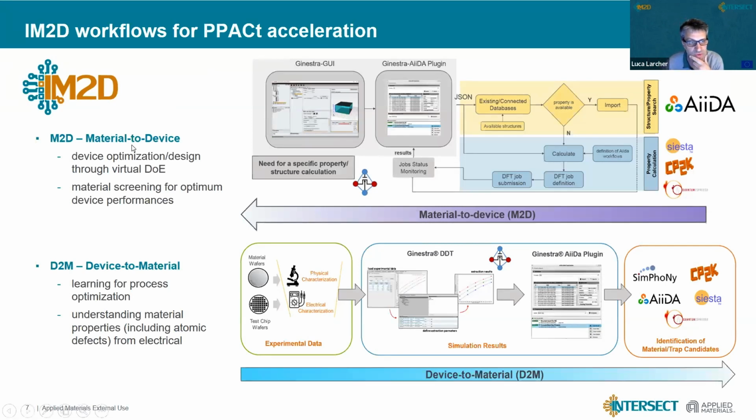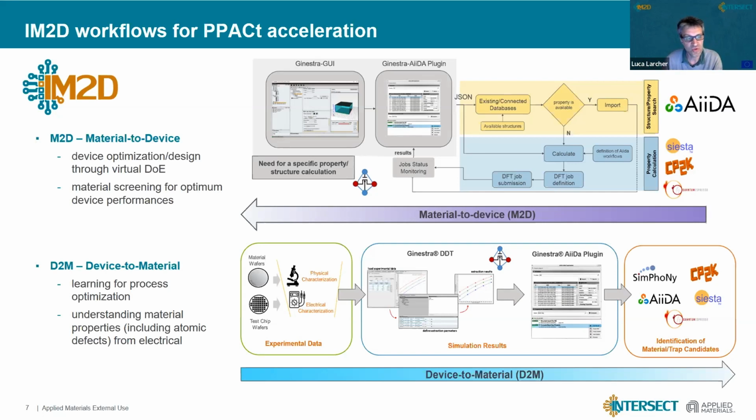The first workflow I want to talk about is this material to device. Once we have certain material properties, we can use them in Ginestra, our software solution, to predict the electrical device behavior. This is for designing, and so we can link the material to the device performances going forward.